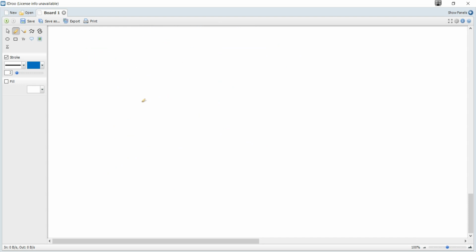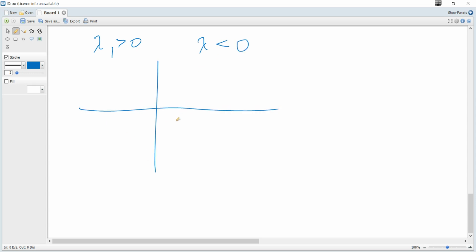Then, if one lambda is positive and another is negative, you again draw two vectors, and the equilibrium point will be a saddle point.